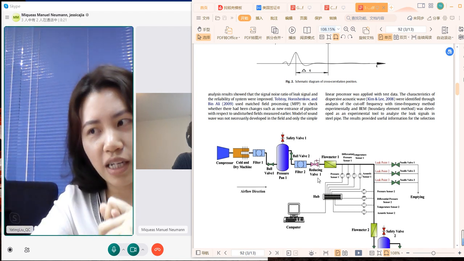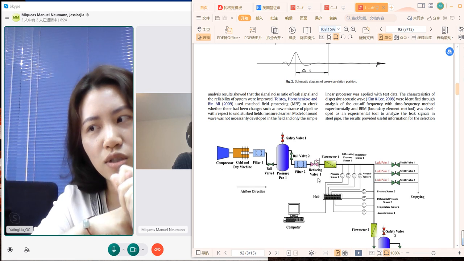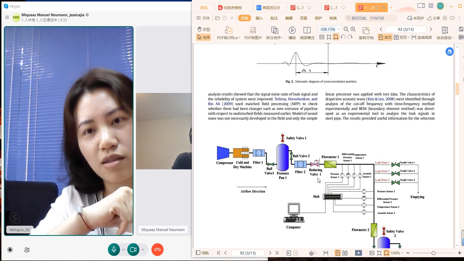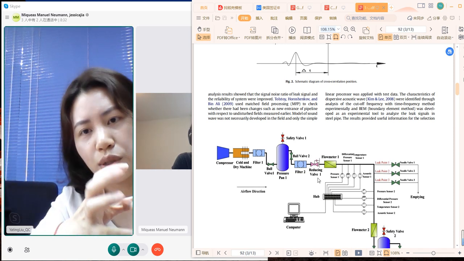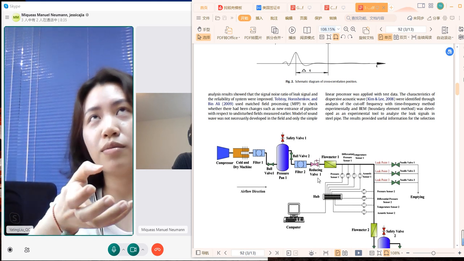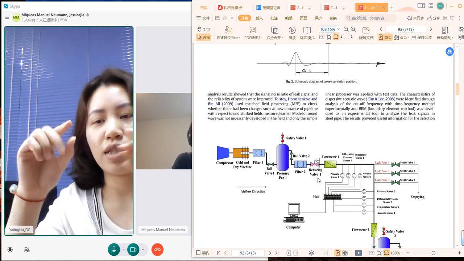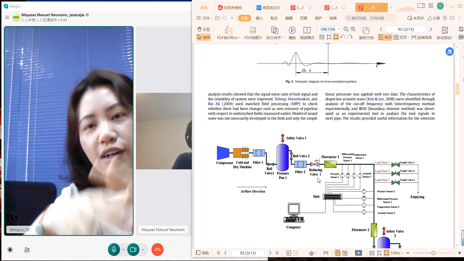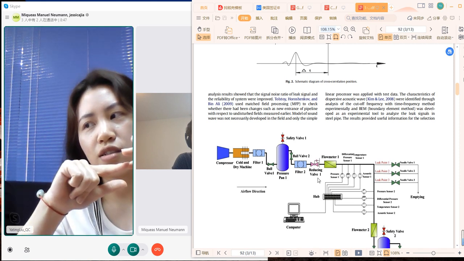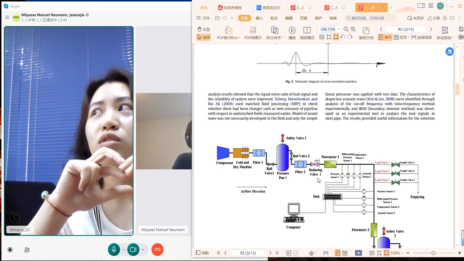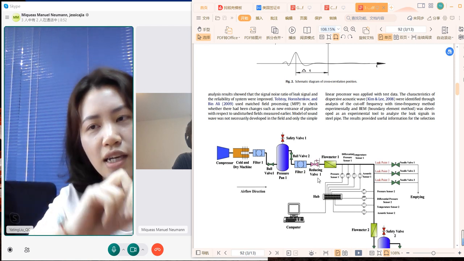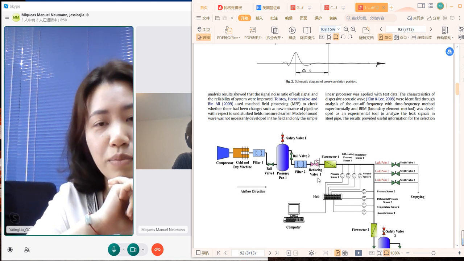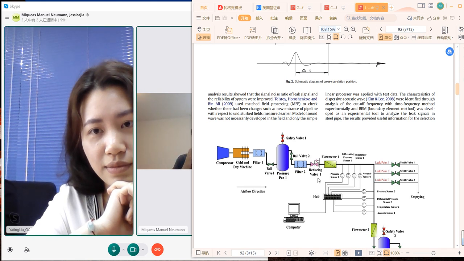For one, it will display the original acoustic emission signal in a waveform, that is the voltage versus time in the time domain. And it will also extract the waveform so that it will display the peak amplitude, the arrival time, the duration, and the energy, RMS, ASL, like multiple various parameters.